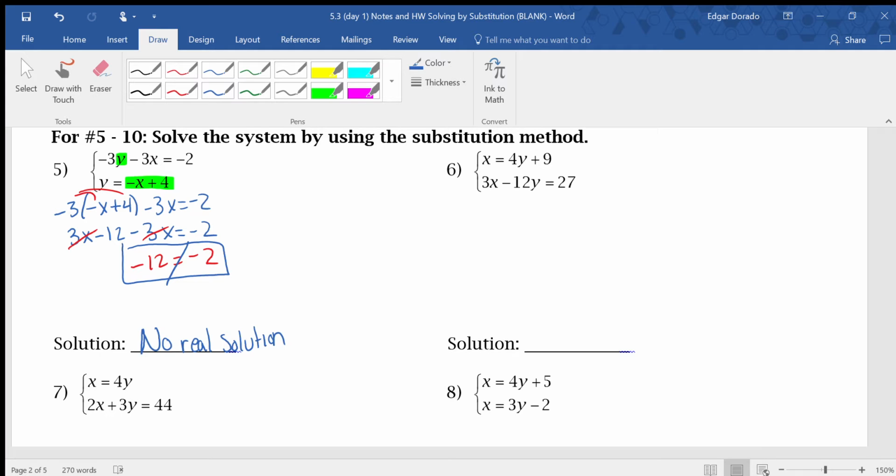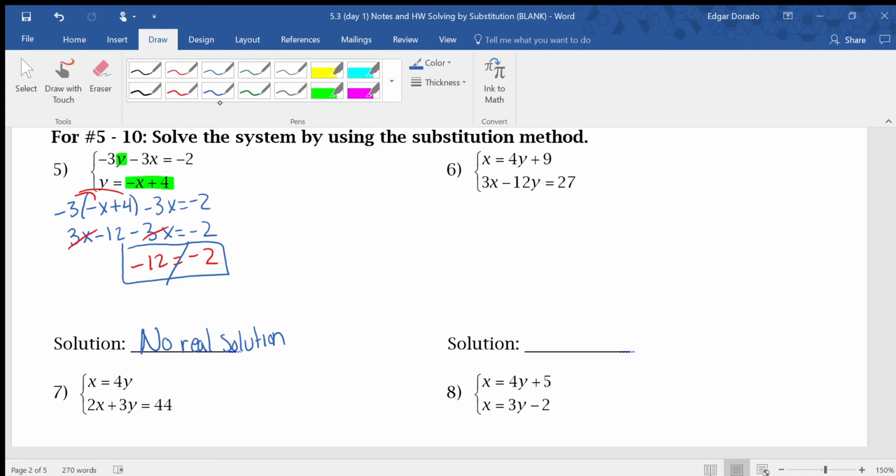So in this case we have no solution. But double check your work, make sure we did this correctly. We substituted correctly, and it looks like we still have negative 12 equals negative 2, which is not true.